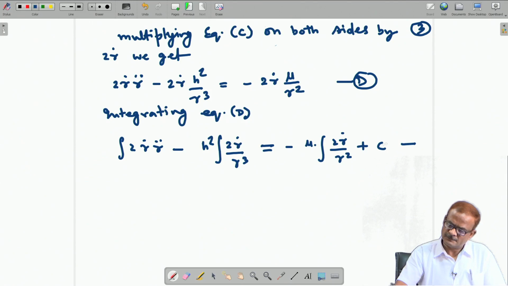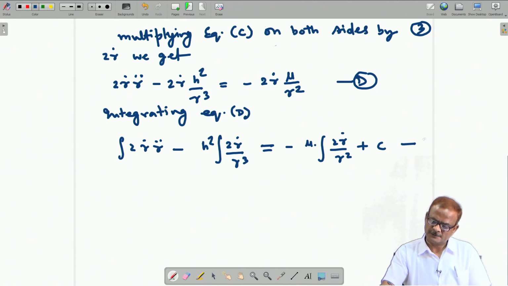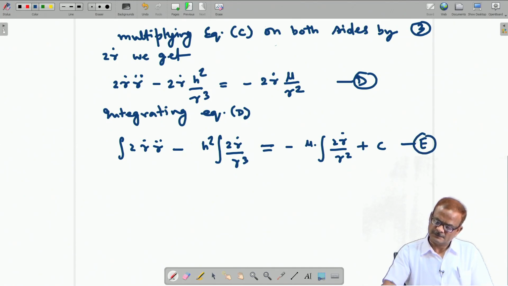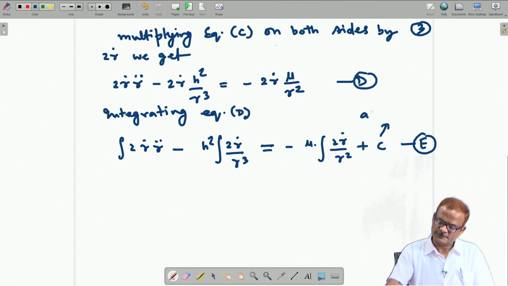We will keep this as c only. So, this is equation e.